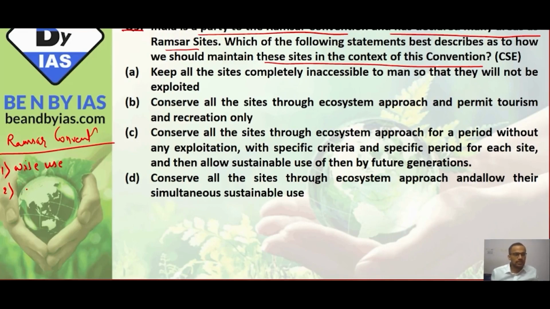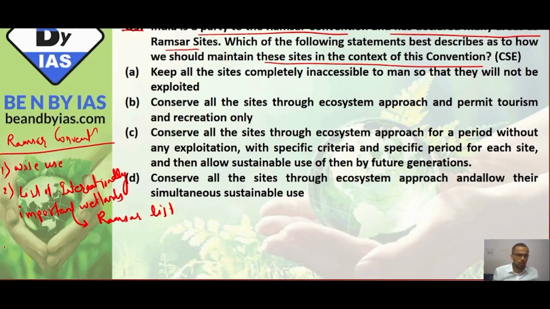The second goal of the Ramsar Convention is to give a list of internationally important wetlands, and that list is nothing but the Ramsar list.